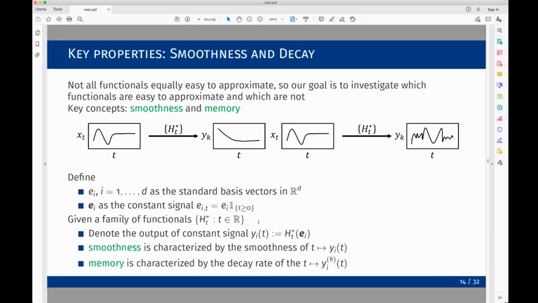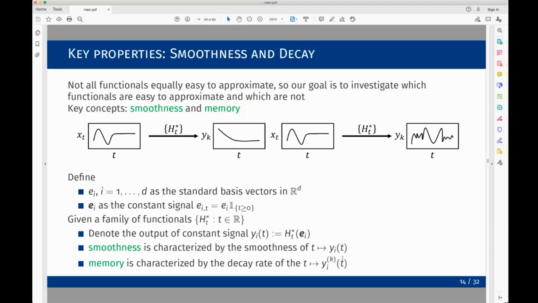We define the output of the constant signal as y_i(t). Then the smoothness is characterized by the smoothness of the functions y_i(t), and the memory is characterized by the decay rate of y_i(t) or certain derivatives, the k-th order derivative of y_i(t).